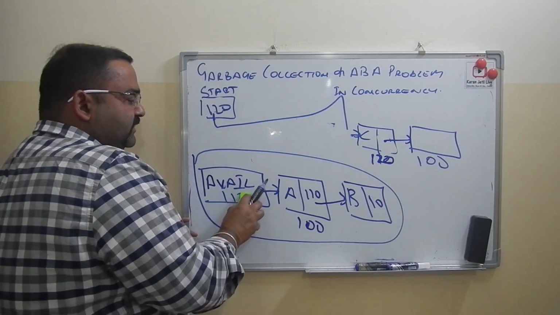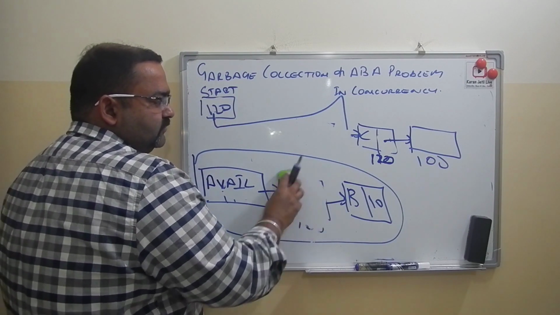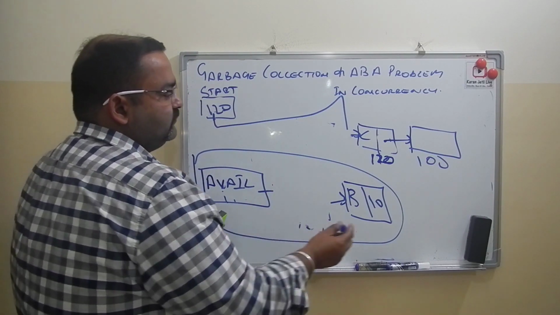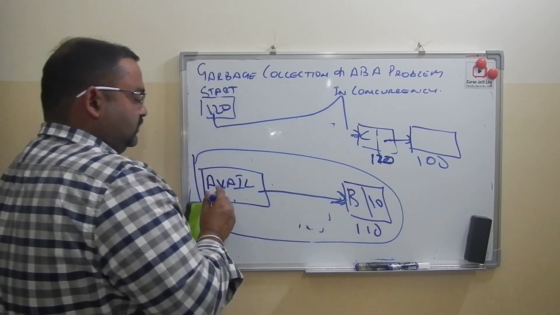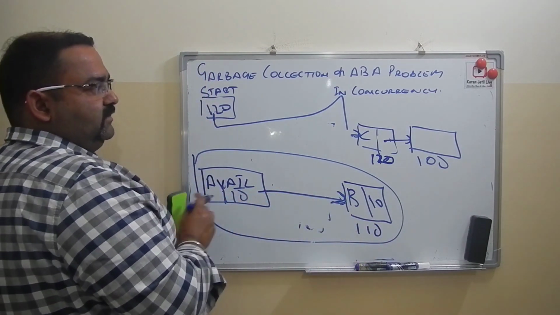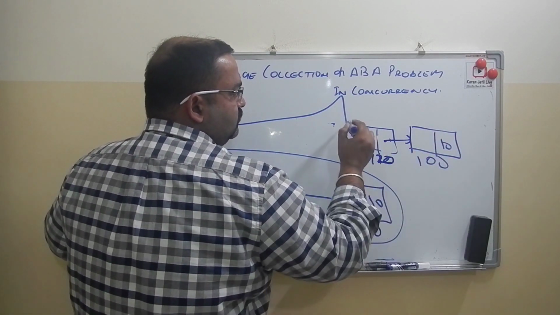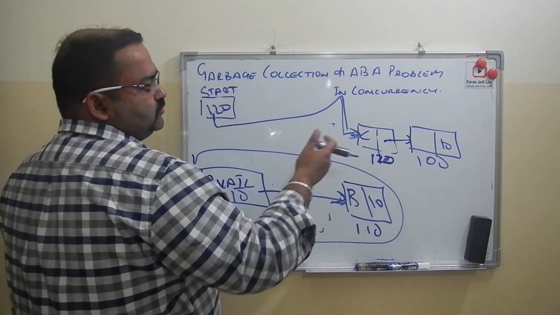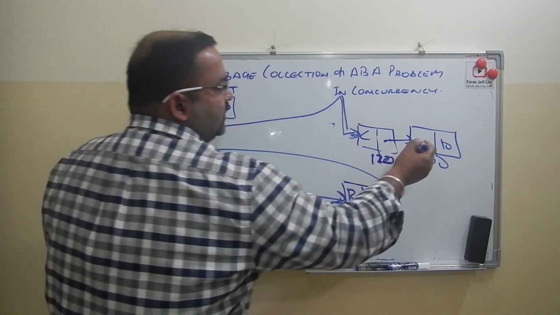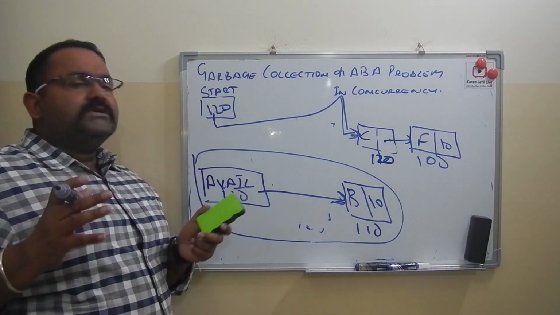I will modify the header of the available list from 100 to 110, the address of B, and the next of this node I will point to null. Then whatever information I want to store, for example F, I will store in this node.